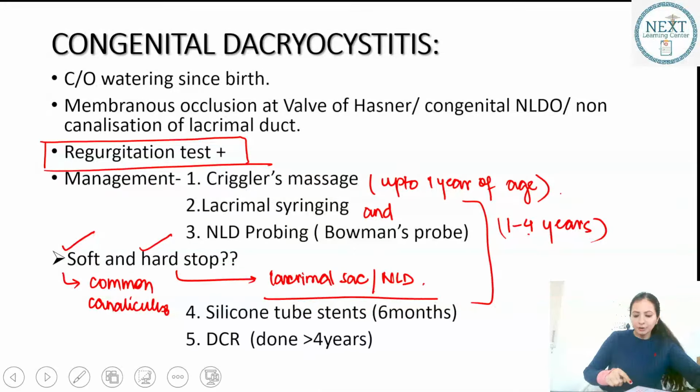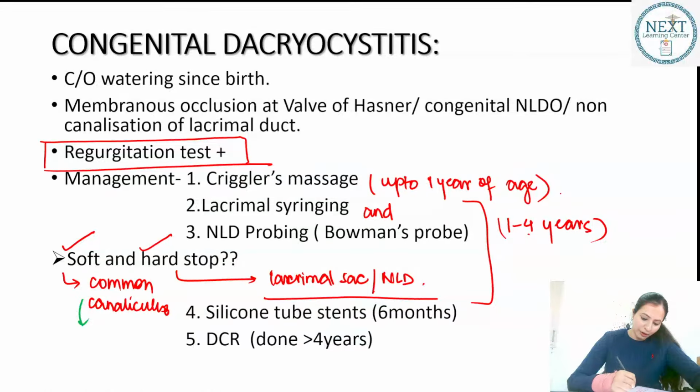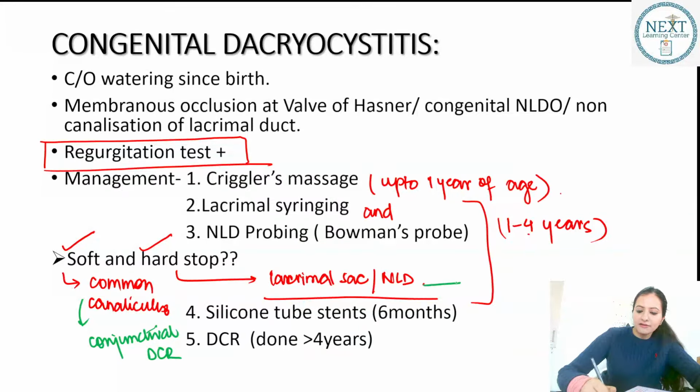So, how will you manage when you have a soft stop? Another PYQ, you will go for conjunctival DCR. Or if it is at the level of lacrimal sac or nasolacrimal duct, you can go either for external DCR or you can go for endonasal DCR.